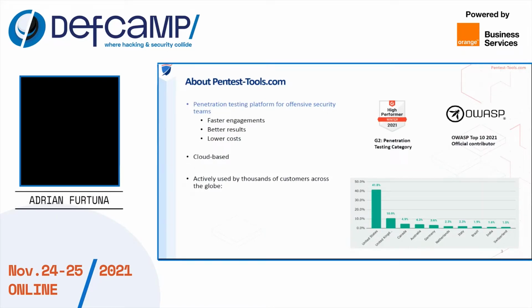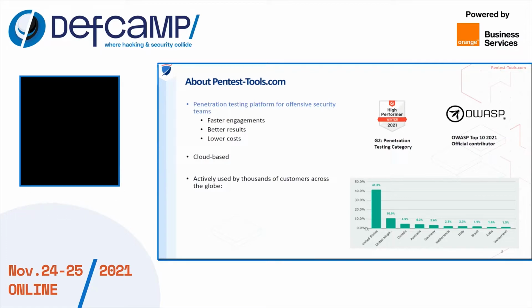Pentest tools is a Romanian cybersecurity company, and we are creating a penetration testing platform for offensive security teams. It's a cloud-based platform which allows penetration testers to do faster engagements with better results, we say, and with lower costs.